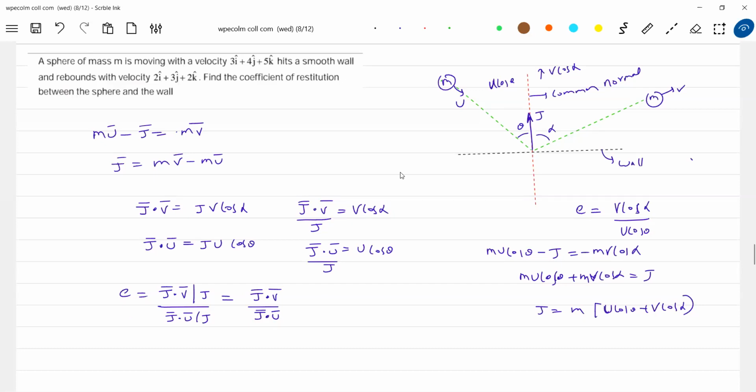Do remember, very important. Here we should not try to use any other approach. Do remember this formula, I suggest you. j bar equals m(v bar minus u bar), and there's another formula. I'll write it below.